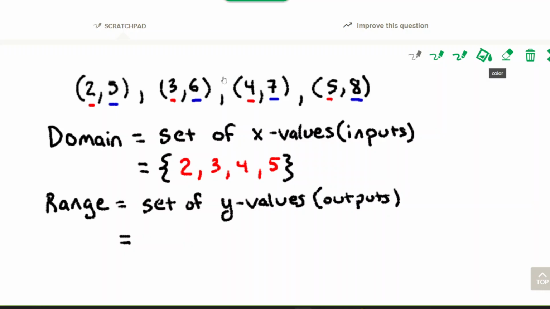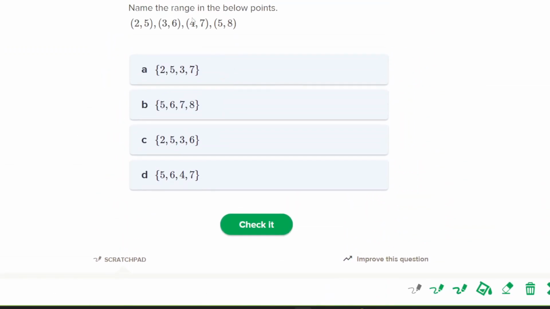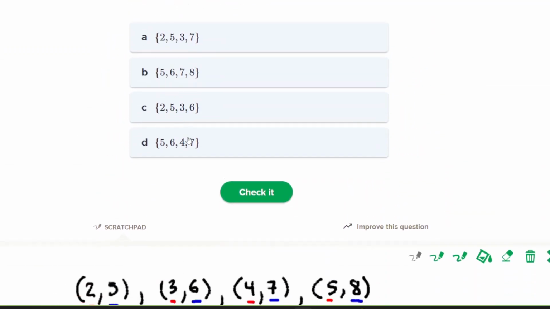And so that's what I will write in my set notation here, right? Little curly braces, and then I'll highlight this in blue again. So yeah, the range is the set of values 5, 6, 7, and 8. Okay. So that's our answer. The set with 5, 6, 7, and 8, which I will highlight up here, that's choice B.